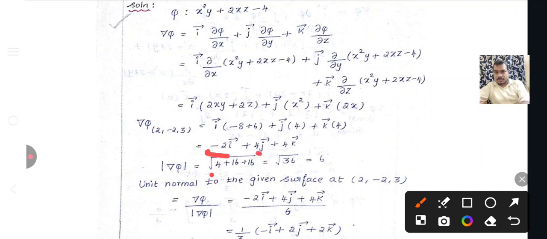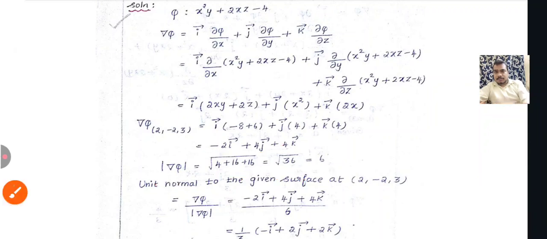The coefficient of j vector is 4, so that squared is 16. The coefficient of k vector is 4, so 4 squared is 16. Therefore, the root of 36, which means the modulus of del phi is 6.